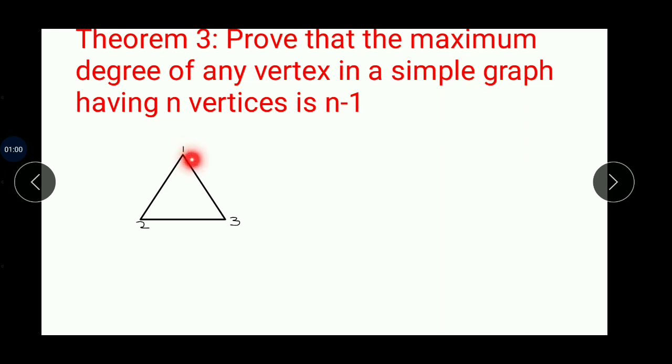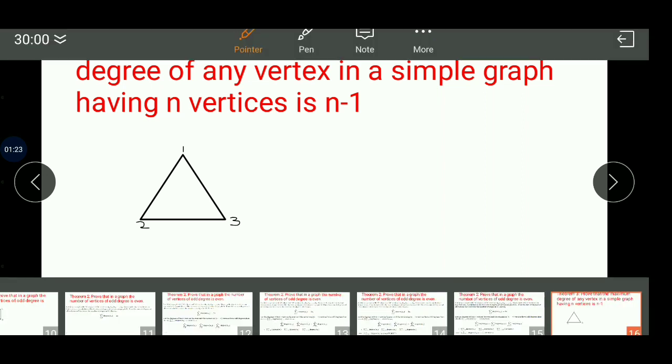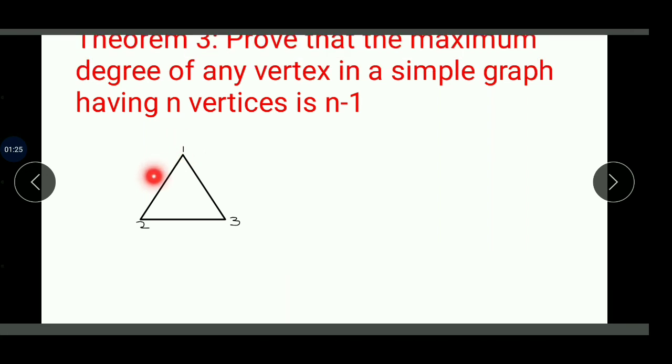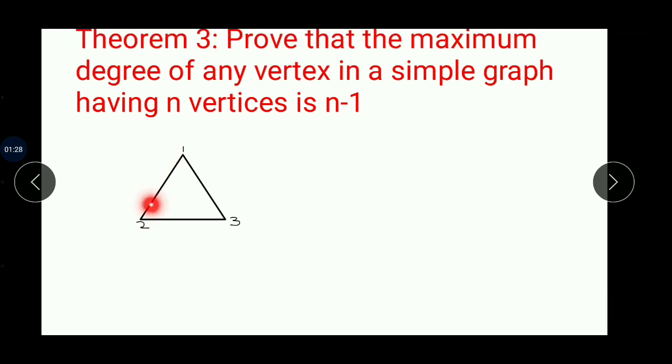If you see the degree of 1, because it's a simple graph, this thing is not possible. Loops will not be there, and there will be no parallel edges. These two things are not possible here. So vertex 1 can be attached to 2 in one way only, and vertex 1 can be attached to 3 in one way only.